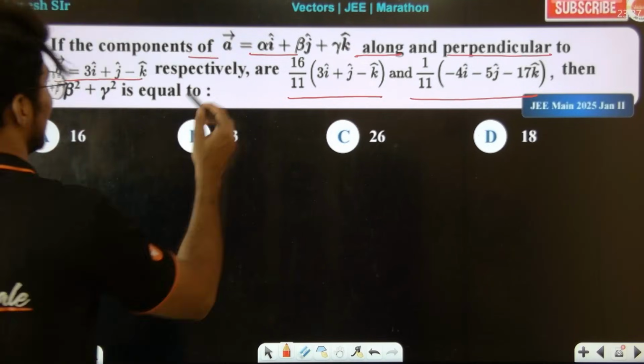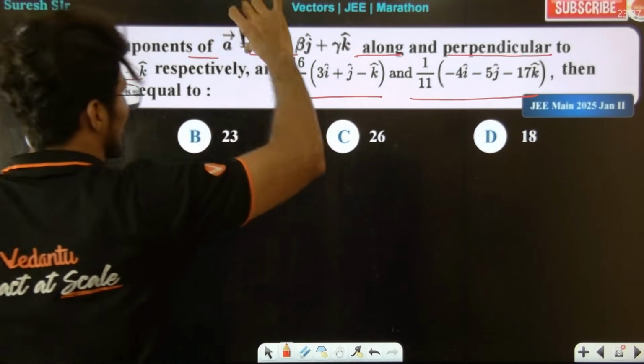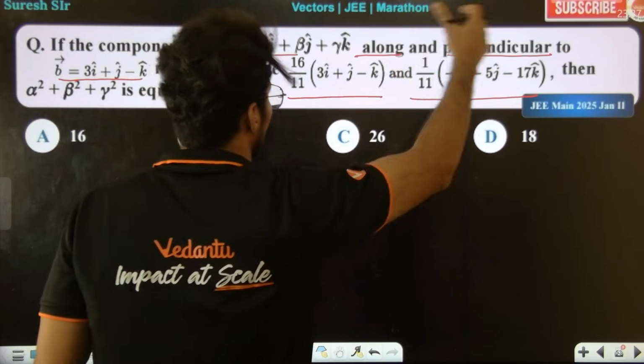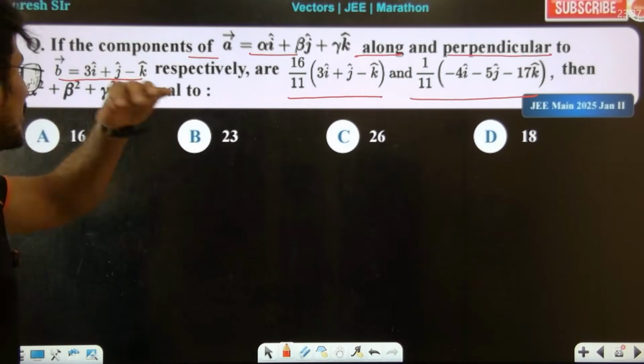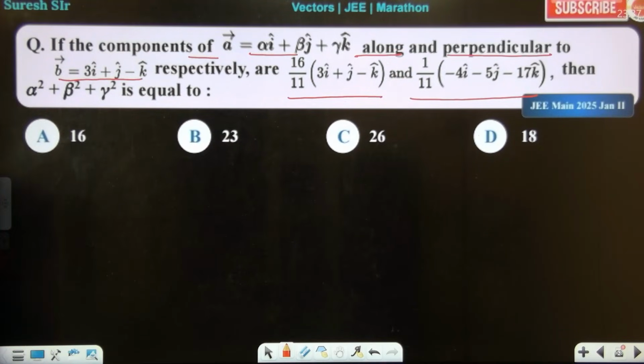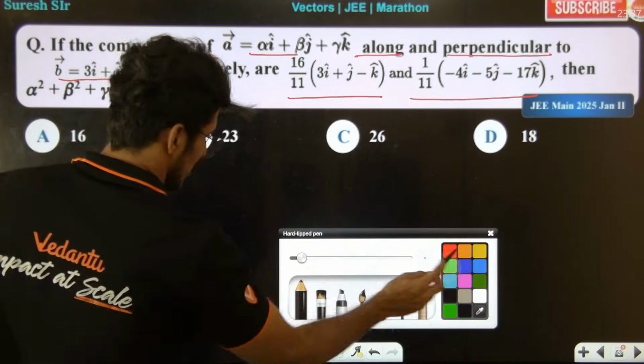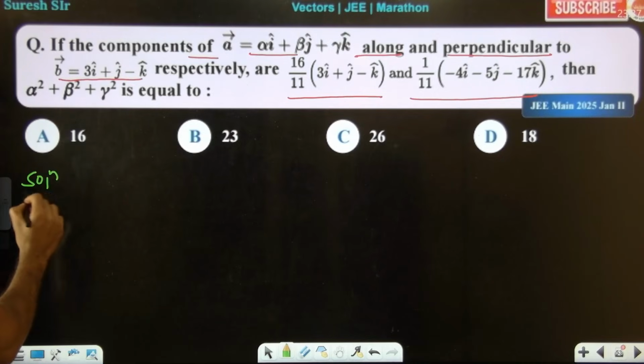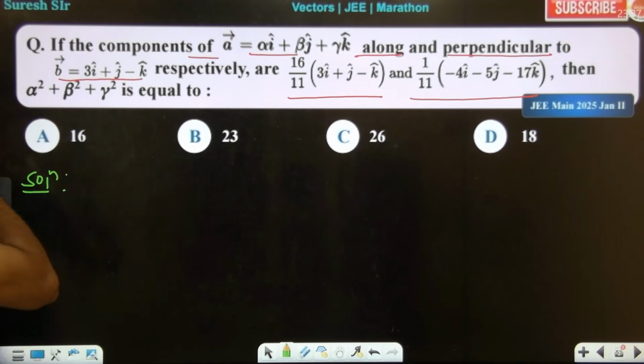If the component of A along and perpendicular to B respectively are given, then alpha square plus beta square plus gamma square is equal to what? Let me try to make you understand. What have they given?